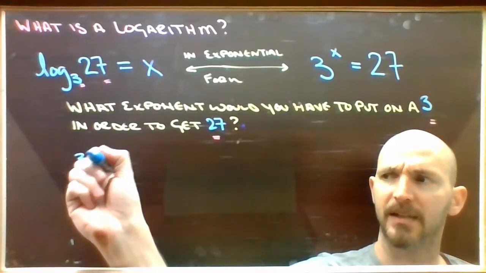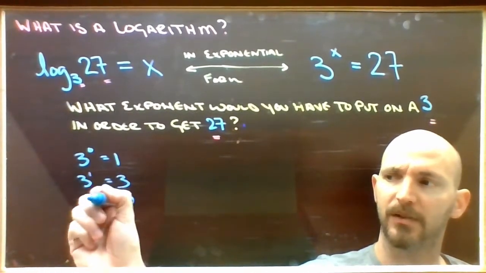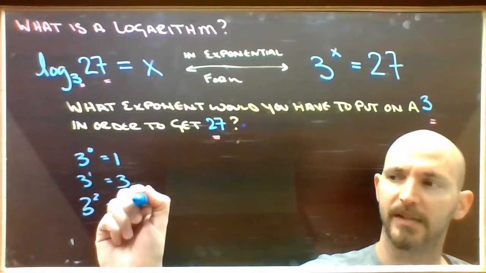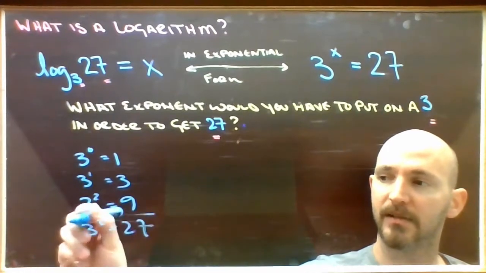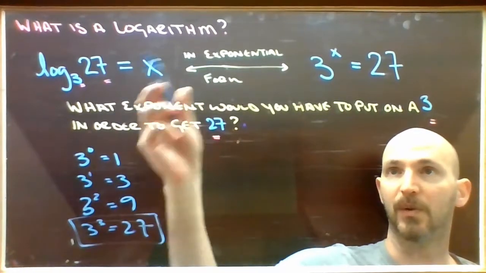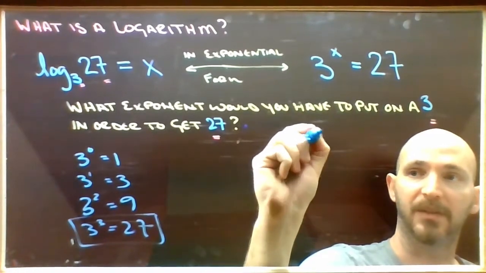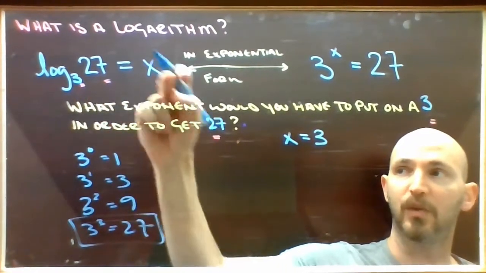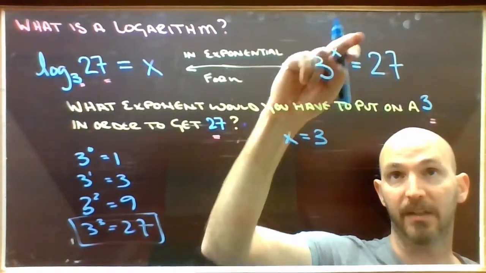So 3 to the exponent 0 is 1, 3 to the 1 is 3, 3 squared is 9, 3 cubed is 27. There it is. So in this case, x would have to be 3, because 3 cubed is 27. Or in exponential notation, 3 cubed is 27.